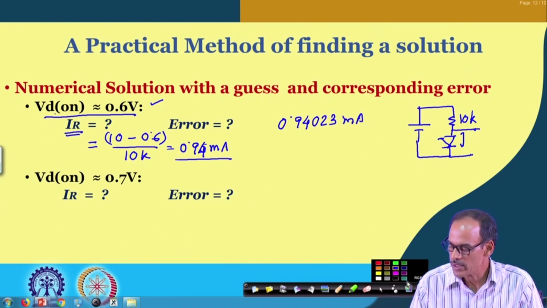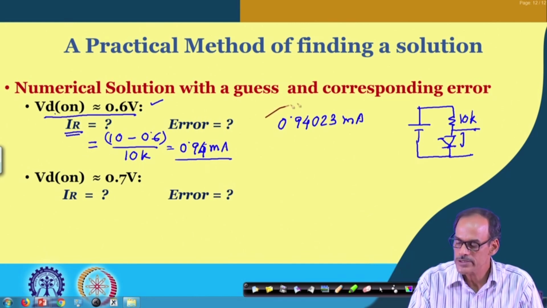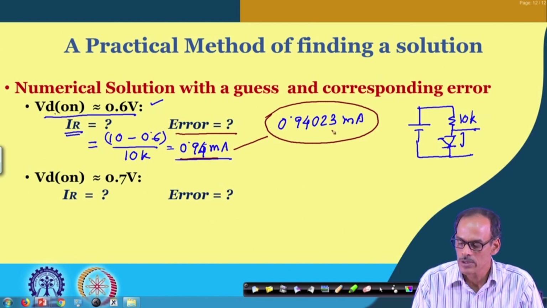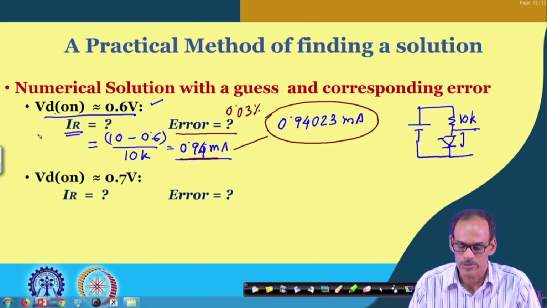So, if I compare this value with what we obtained after the third iteration, the amount of error is in fact less than, I should say, 0.03%. So, just by one step itself we can find the solution.